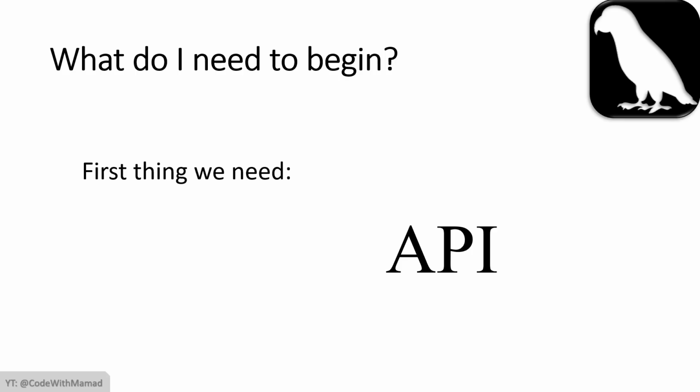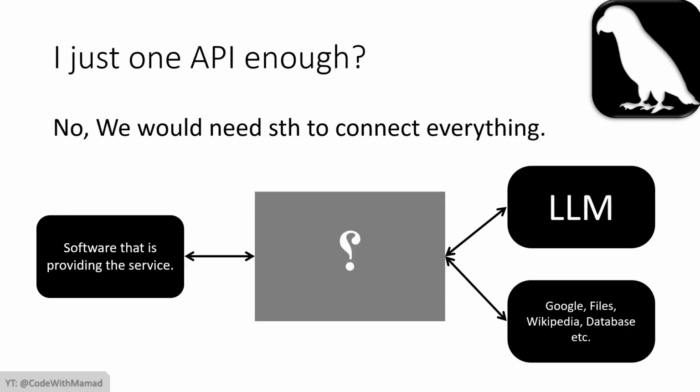So what do we need to begin? We're gonna need an API to have access to a LLM. In this tutorial, I'm using OpenAI's API. To get that, I'm gonna explain that in a minute. So is just an API enough?